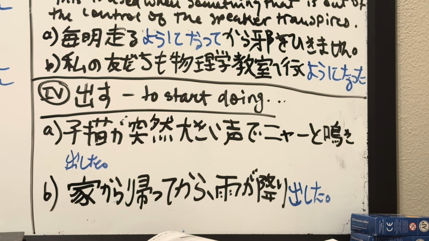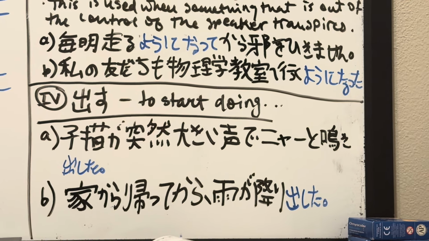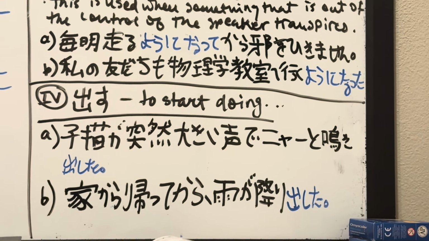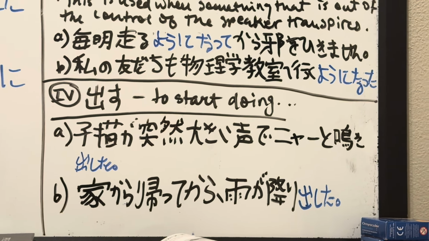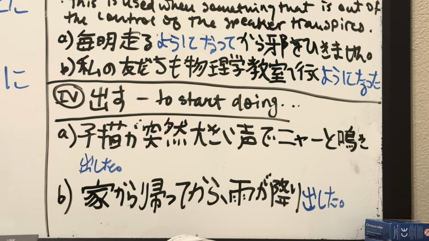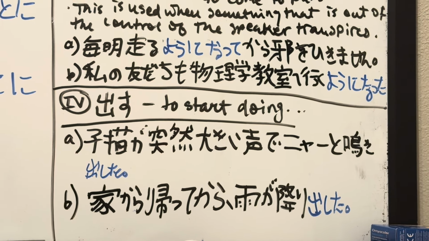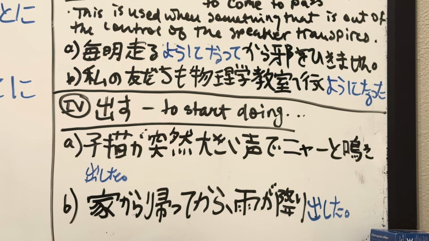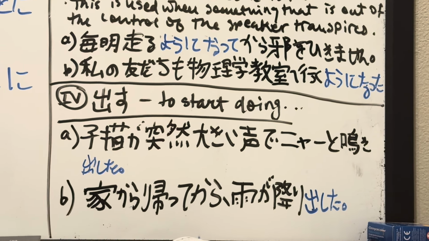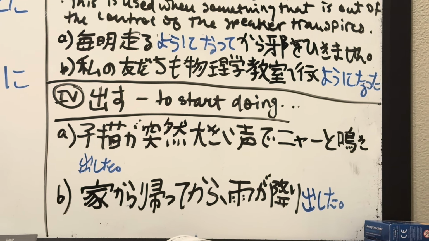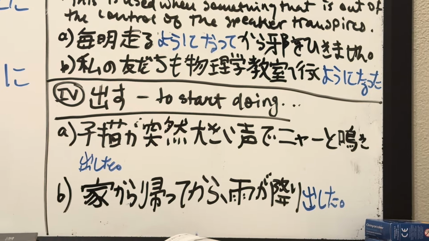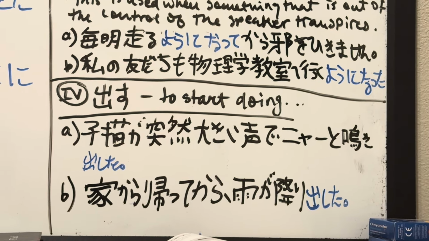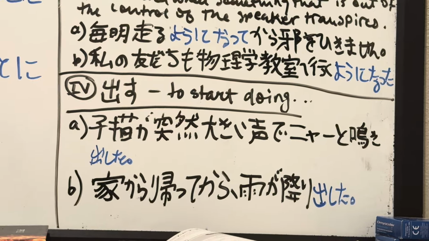So for this first sentence we have, 子猫が突然大きい声でにゃーと泣き出した. My cat, or the kitten, suddenly started to meow very loud. So if we break down that sentence, 子猫が, the cat or the kitten, 突然, suddenly.